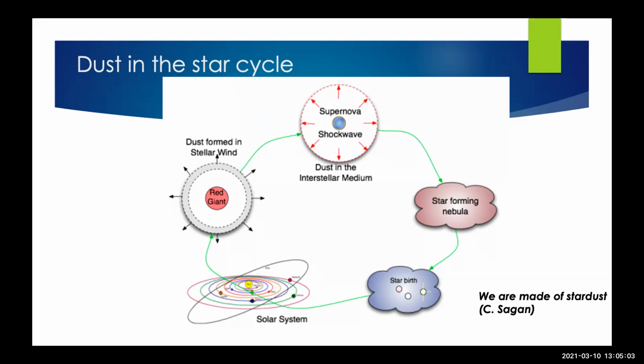Of course, depending on the initial mass of the star, you can also transform this red giant into a supernova, and then all the elements beyond the iron group are also restituted to the ISM and eventually coagulate into dust.